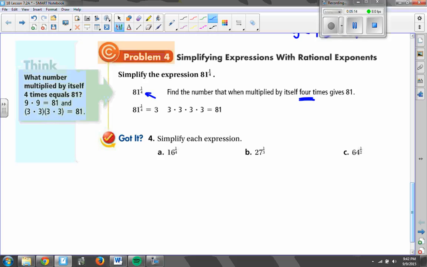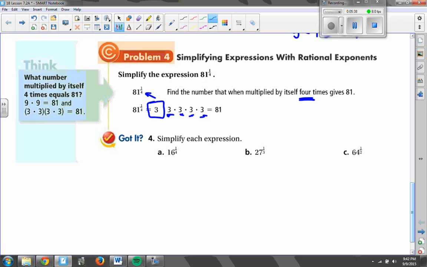Check and see if 2 works, check and see if 3 works, check and see if 4 works, and so on. In this case, we find that 3 is that number. 3 times 3 is 9, times 3 again makes 27, times 3 again makes 81. So 81 to the 1 over 4 power, if we simplified it down, would equal 3.